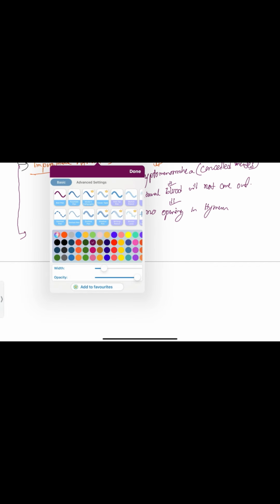Then another thing you need to remember is vaginitis. Vaginitis, with itis, means there is inflammation of the vagina. Due to any kind of infection, there will be inflammation, and then we call it vaginitis.